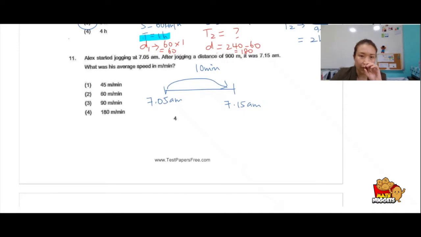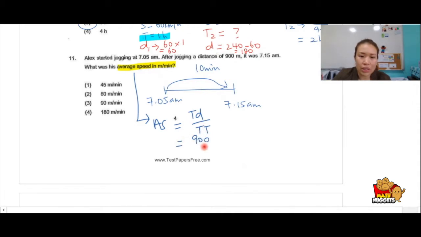So what was his average speed in meters per minute? If they ask us to find average speed, it is equal to total distance divided by total time. In this case, total distance is 900, total time is 10 minutes. So his average speed is 90 meters per minute. Option 3.